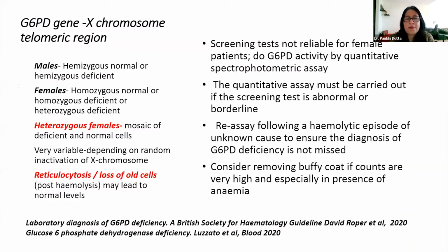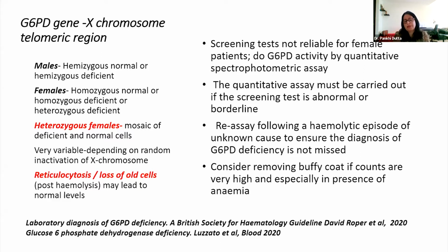Against some concepts, the G6PD gene is located on chromosome X in the telomeric region. So males who have a deficient G6PD gene or an abnormal gene would be hemizygous deficient, not heterozygous, or hemizygous normal. Females can be homozygous normal because they have 2 X chromosomes, or can be homozygous deficient, though there would be some production.